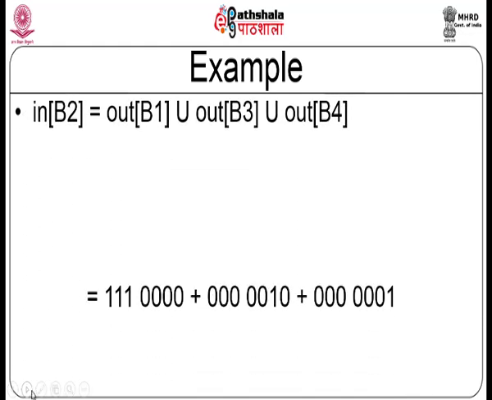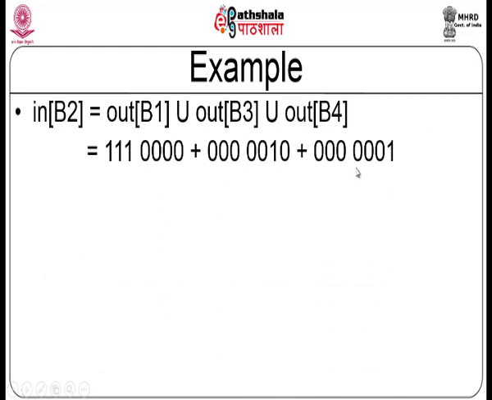So, therefore, here I have those as my input. ORing of this will result in triple 1 because I have a triple 1 in the first three, then D4 bit is 0 in all, D5 is also 0 in all, D6 and D7 are set to 1 in these two respectively. Therefore, in of B2 is triple 1, 0 0, 1 1.